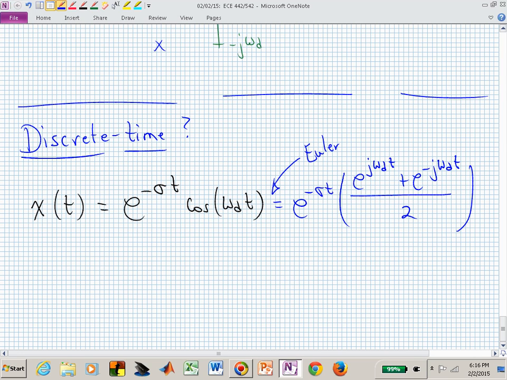That's Euler, which now allows us to write this as 1/2, and I'm going to go ahead and distribute that e to the minus sigma t through both terms in the numerator. I've factored out the denominator as a 1/2, and I now have e to the minus sigma t, e to the j omega sub d t, plus e to the minus sigma t, e to the minus j omega sub d t.